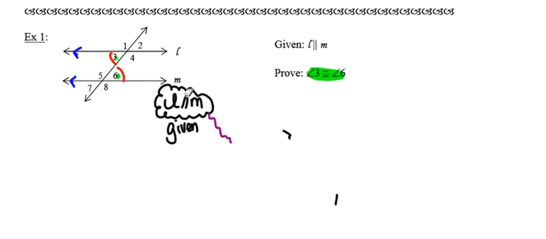Because this is a true statement, I know that it has to be true that angle 3 is congruent to angle 6. And the reason why I know that is because anytime I have parallel lines, I'm going to start out by talking about those parallel lines.